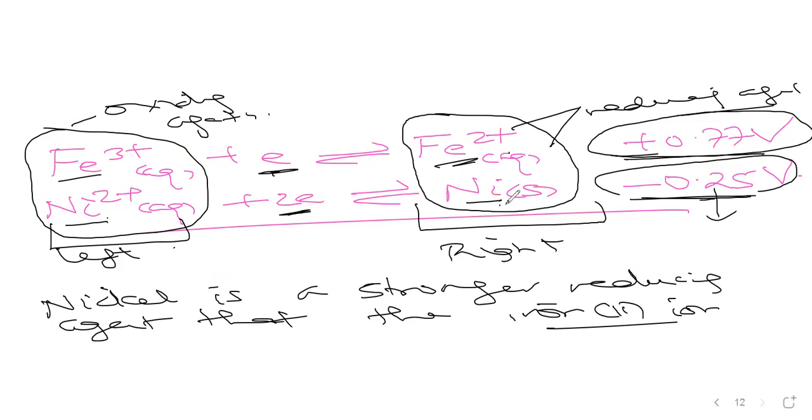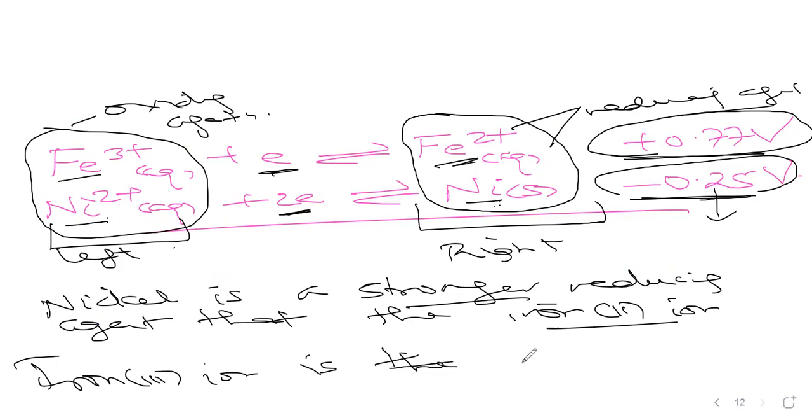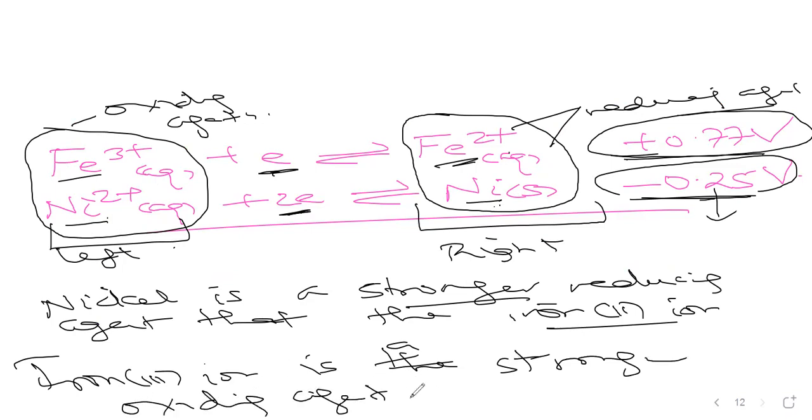So when you look at these two, we have said nickel is the strongest reducing agent. But when you look at these two, the iron 3 ion is a stronger oxidizing agent than the nickel 2 ion. Why? The reduction of the iron 3 ion to iron 2 ion has a more positive electrode potential than a reduction of nickel 2 ion to nickel metal.